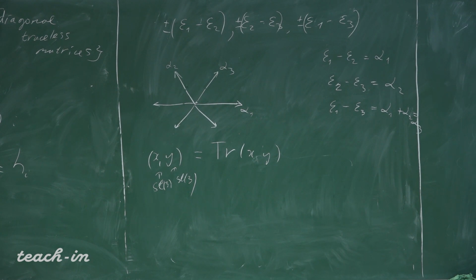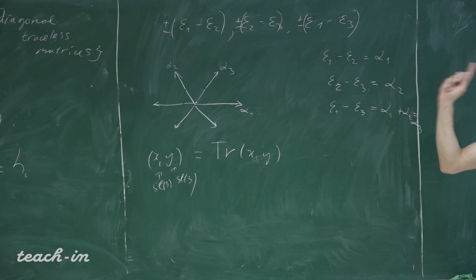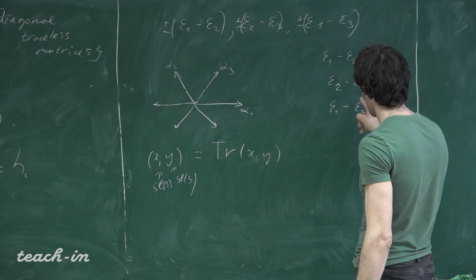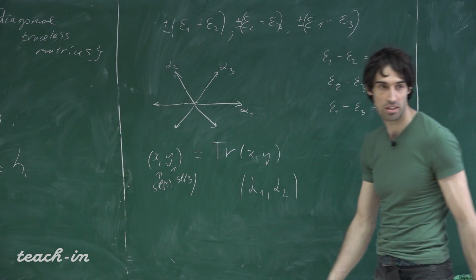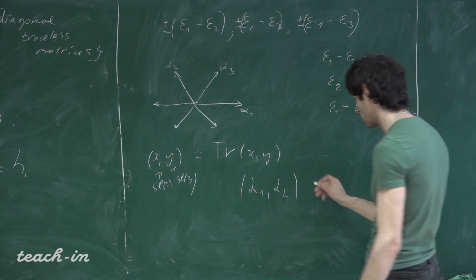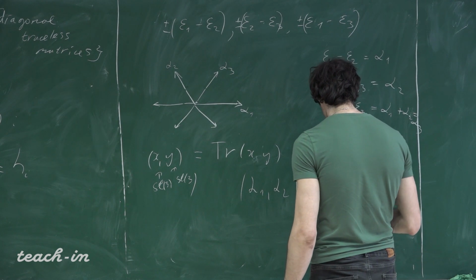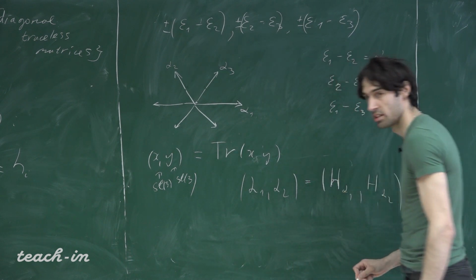But we know that SL3 is simple, and therefore the Killing form is just a multiple of the trace form, and we know exactly which multiple: 2 times 3 in this case, or 2n for SLn, right? So how to compute now, for example, this? We just need to recall by definition, this is the trace form of H alpha 1 and H alpha 2, right?